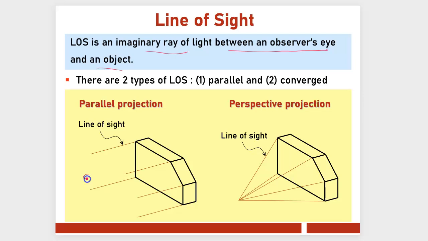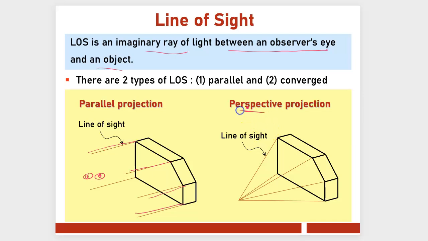So this is your eyes, right? Looking a little bit crazy here, and the line of sight is from the edges of the object. That gives your eyes the information of the shape and the contour of the object. Now for parallel projection, you can see that the line of sight is straight.